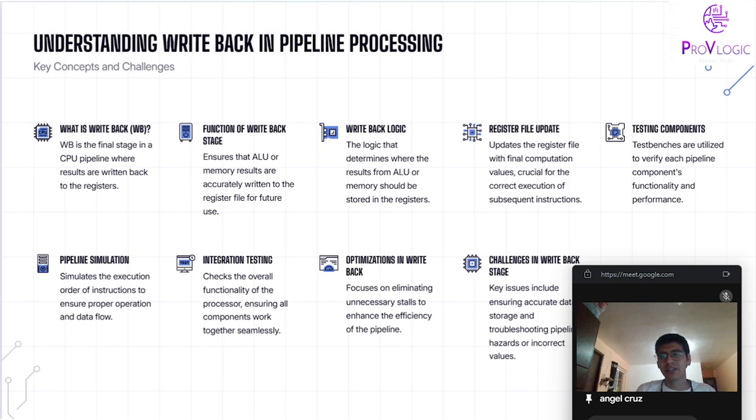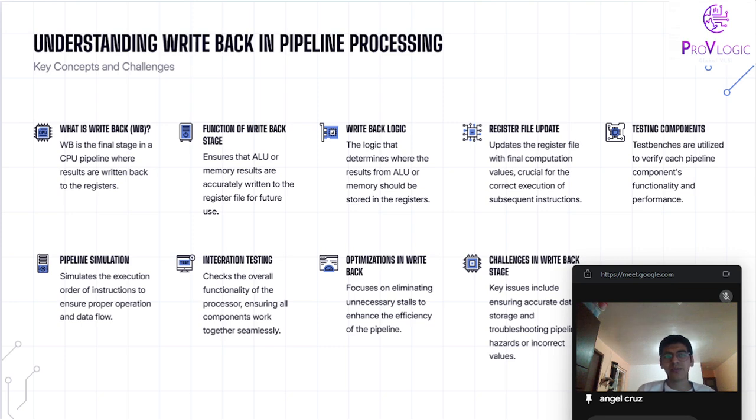The write-back logic determines where the results from the ALU or the memory should be stored in the registers, and the register file updates the register with the final computation values. This is crucial for the correct execution of the subsequent instructions.